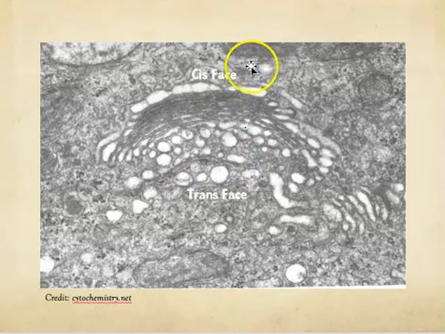The vesicles are coming down and entering the cis face by merging with the membrane of the Golgi apparatus, and proteins are being packaged into vesicles that are then budding off of the trans face and traveling to other destinations in the cell.